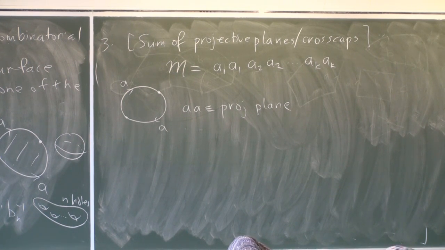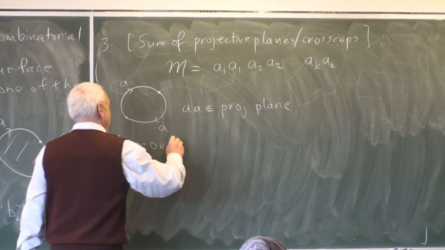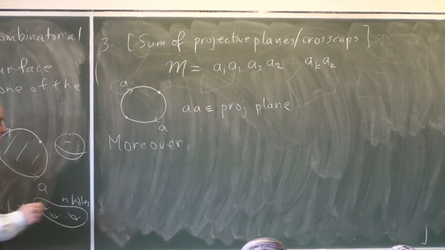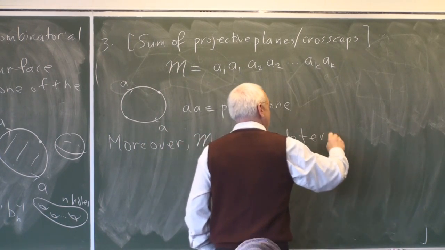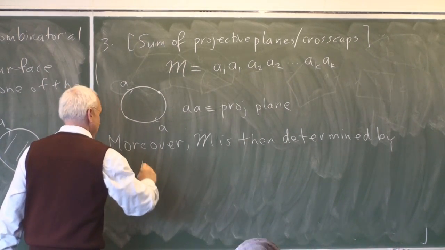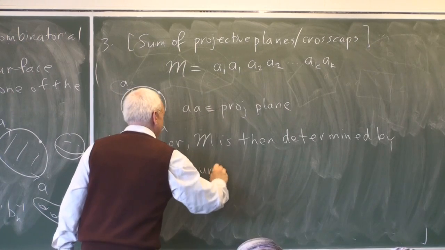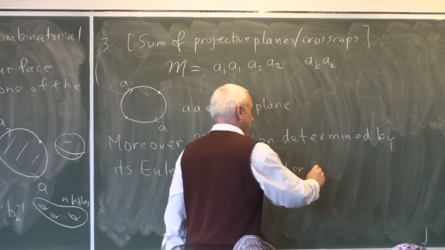So the theorem is that every combinatorial surface is reducible to exactly one of these three standard forms. And moreover, M is then determined by its Euler number together with its orientability.